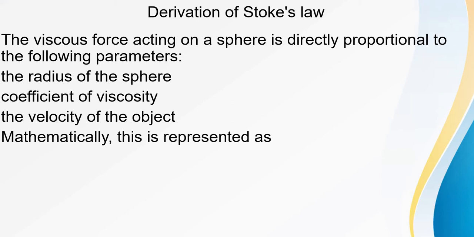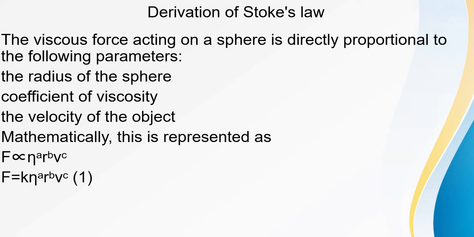We can represent it as F is directly proportional to eta raised to a, where eta is the coefficient of viscosity, r raised to b, where r is the radius of the sphere, and v raised to c, where v is the velocity of the sphere, and a, b, c are constants. You have to find the values of a, b, c, on which power it depends. And F is the viscous force.